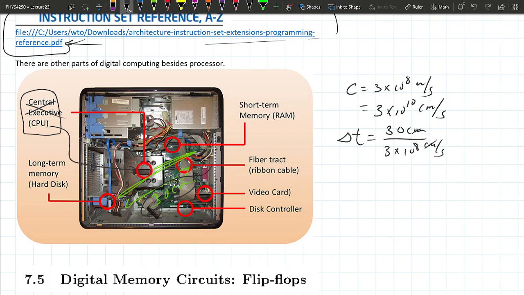The units work out, right? So these three cancel out, there's a 10 on top. So this is going to be 10 to the minus 9 seconds, right? So that's 1 nanosecond, approximately, okay?